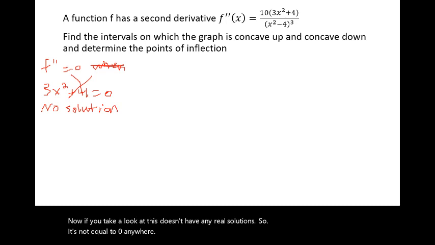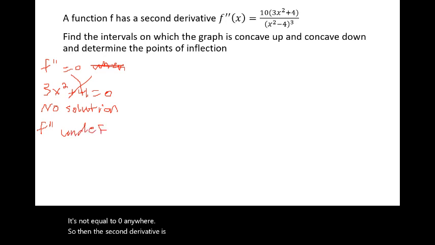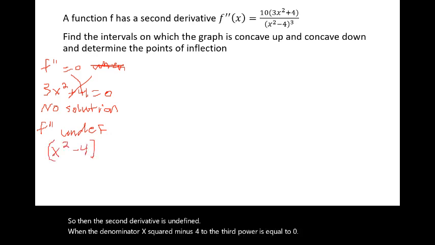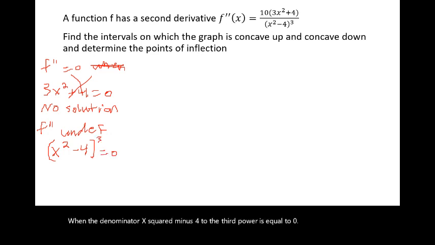So then the second derivative is undefined when the denominator, x squared minus 4 to the third power, is equal to 0. So, take the cube root of both sides. We get x squared minus 4 equals 0.